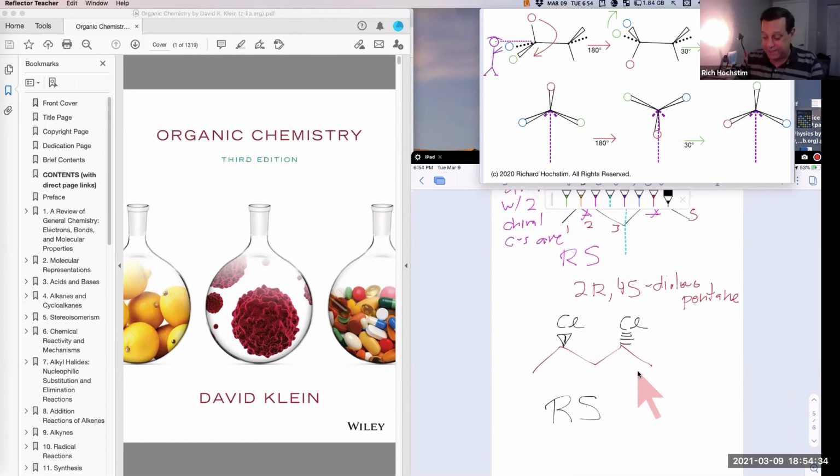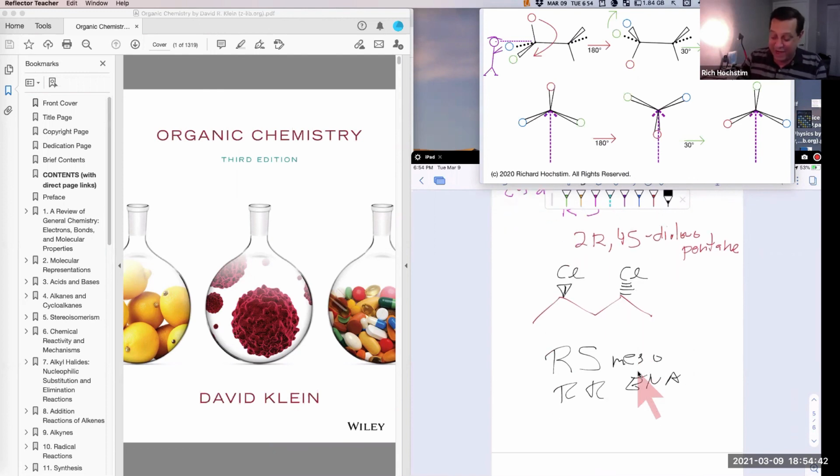You have RS, that is going to be meso. You have RR, that's going to be an enantiomer. And you have SS over here, and that's also going to be an enantiomer. So those are going to be our possibilities.